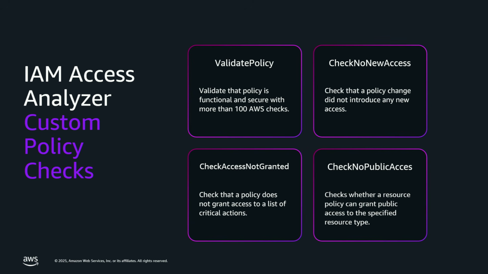So here's a policy. Does it conform to AWS best practices, and is it syntactically correct? That's validate policy. Here's a policy. Does it allow a subset of my maximum allowable organizational permissions? That's custom policy checks. Check access not granted.